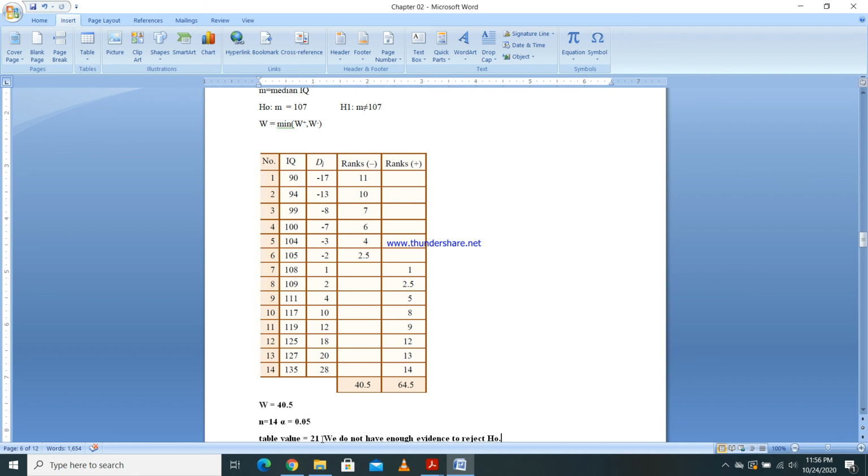Now in this case, we are going to conclude that for the median IQ level of these drug abusers, we cannot say it is different from 107. Actually we can't say it's equal to 107.